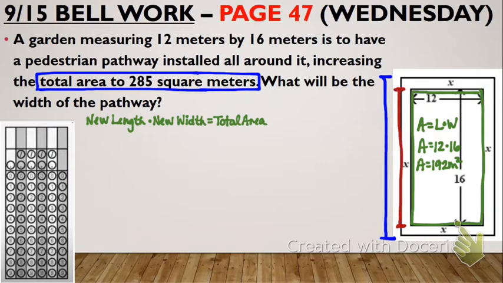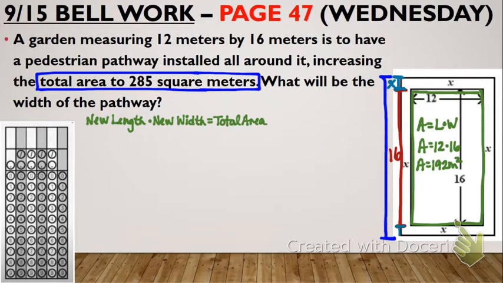How big is the garden from this point to down here? 16. What I don't know is this right here. And in math, when I don't know something, what do we usually call it? A variable. In this case, what variable should we use? X. They have it printed on my picture for me. It's what I'm most familiar with. So I'm going to call this X.